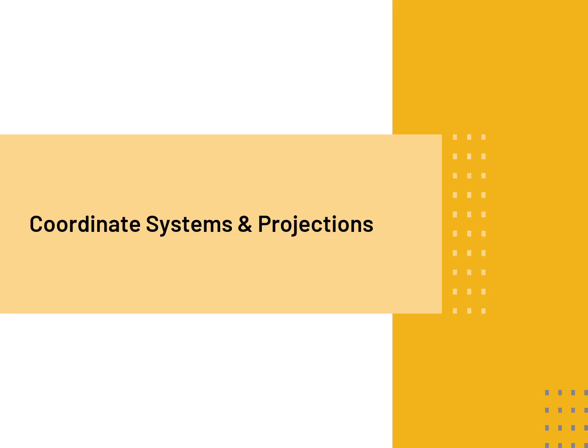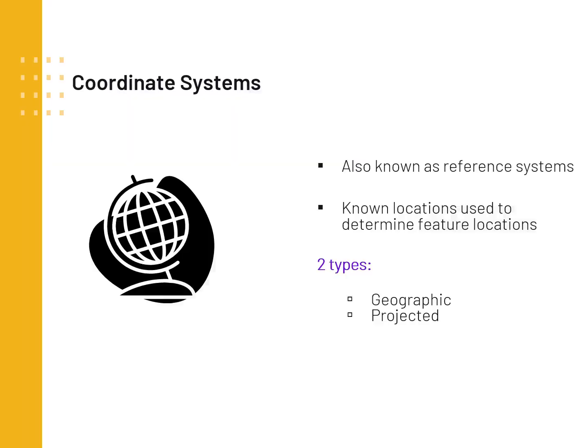Next, we're going to talk about coordinate systems and projections. Coordinate systems are also known as reference systems, and you need to know what the coordinate system is for the feature locations to be displayed properly. There are two main types: geographic and projected.